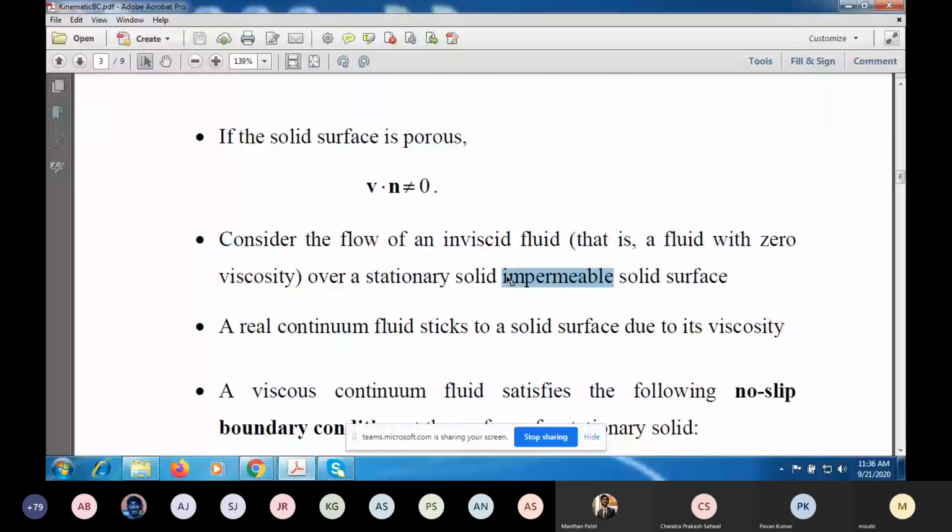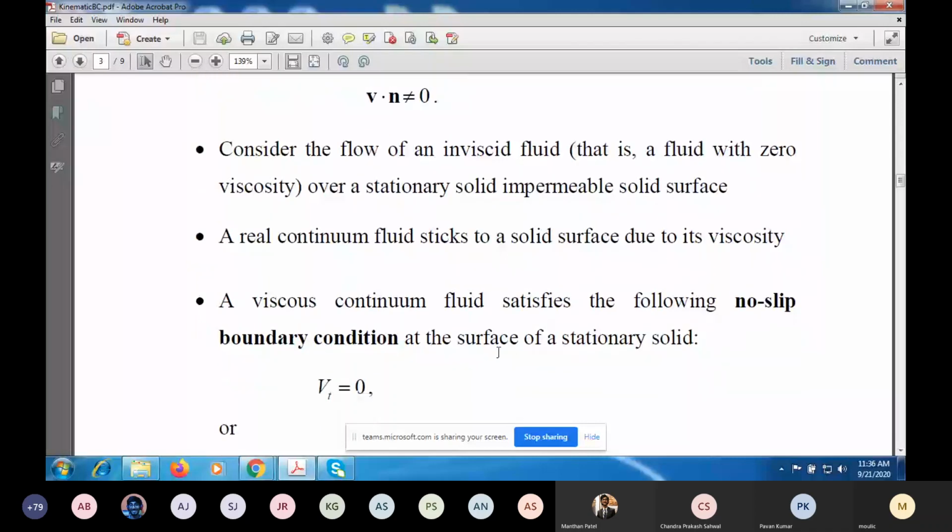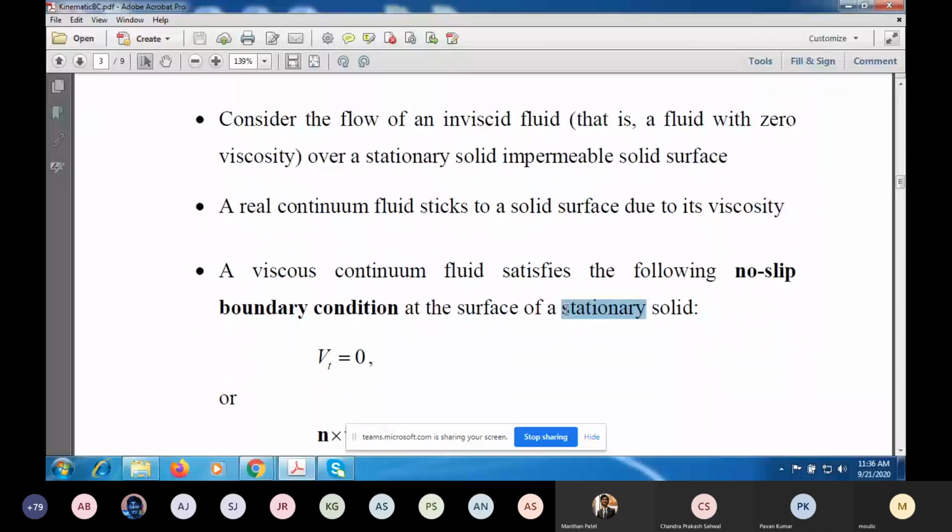Now we know that if you have a real fluid which satisfies the continuum hypothesis, then the real continuum fluid will stick to a solid surface, and it sticks to a solid surface because of its viscosity. So a viscous continuum fluid satisfies what is called the no-slip boundary condition at the surface of a stationary solid.